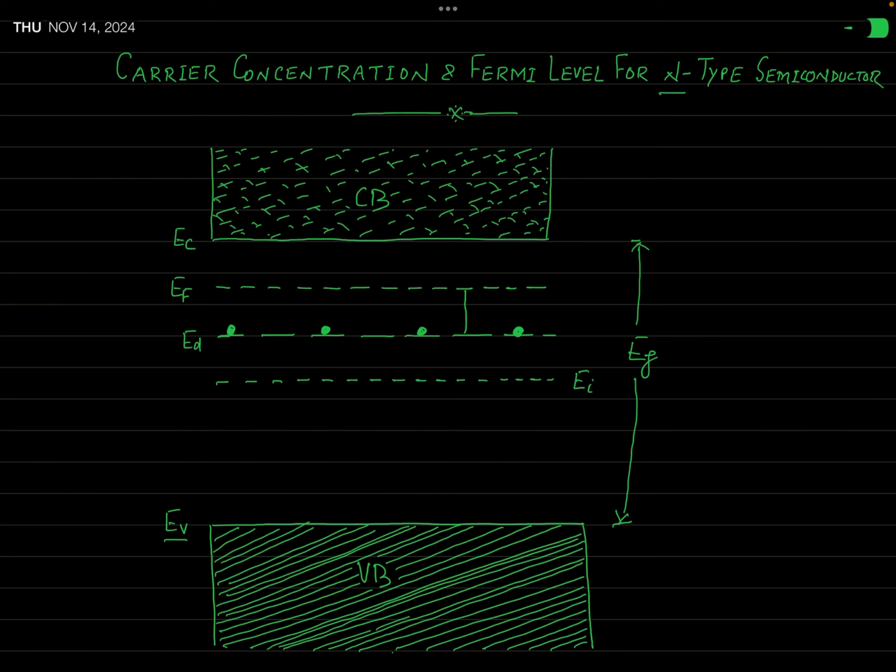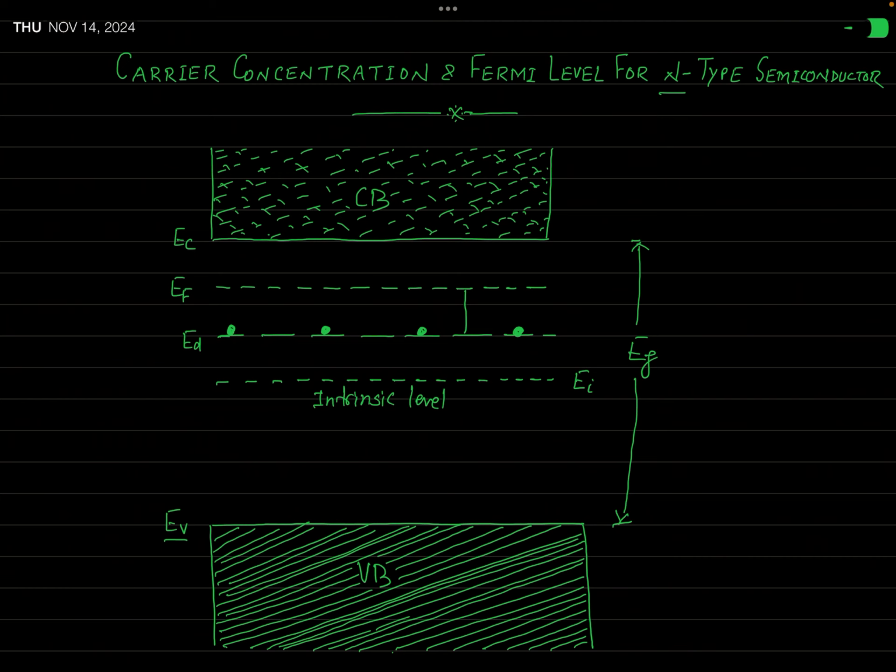I have considered here an energy level which is called intrinsic level. It means this is the Fermi level at 0 Kelvin temperature for the pure semiconductor.